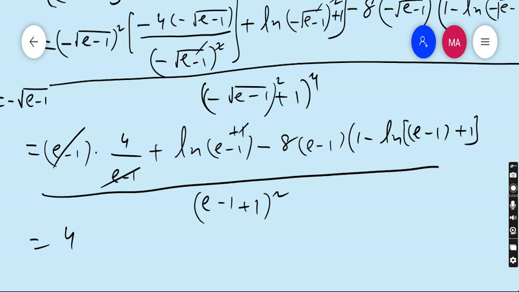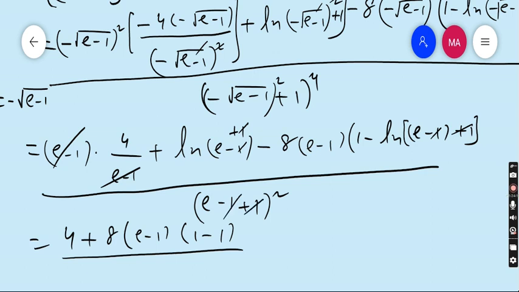So 1 and 1 cancel, ln e is 1. 8 into (e minus 1), 1 and 1 cancel, ln e is 1. 1 minus 1 is 0.